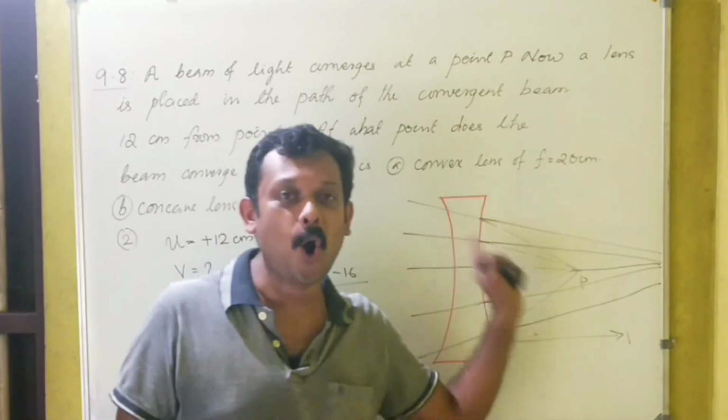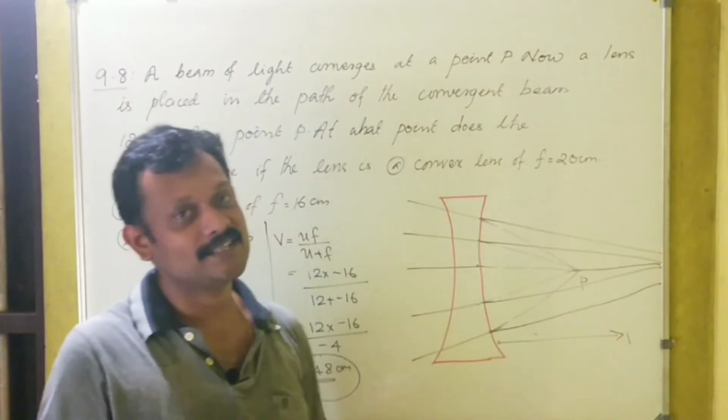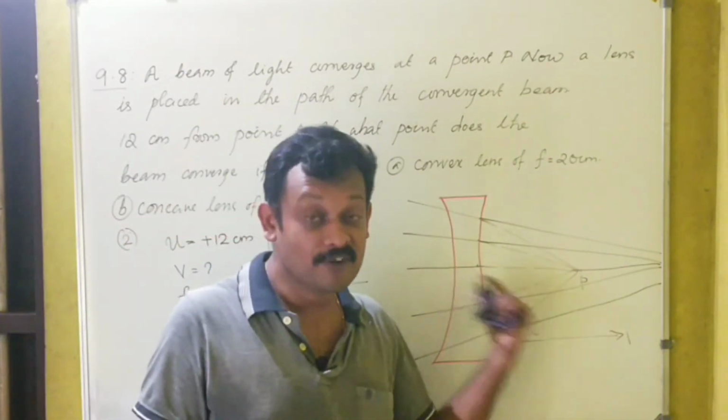You can see this concave lens has produced a diverging effect, whereas the convex lens is producing a converging effect.